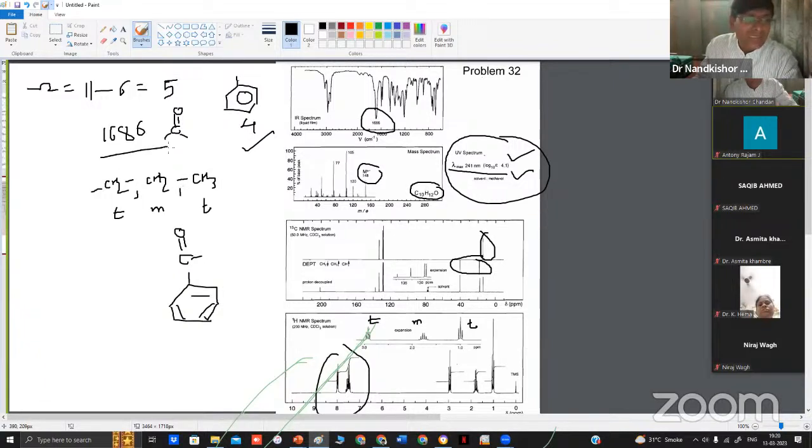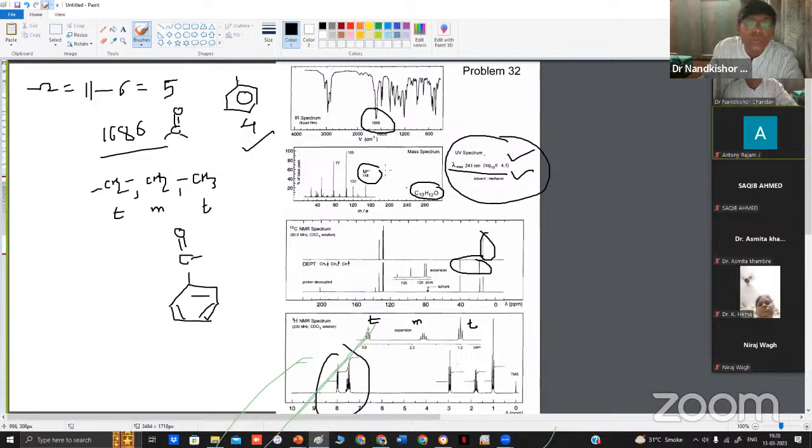That's why the carbonyl stretching frequency is lower than the usual ketonic or aldehydic stretching frequency. Now there is no aldehyde group present, because we can see there is no stretching frequency at the 9-point delta value. So there is no possibility of aldehyde, no possibility of ester, no possibility of acid, and no possibility of amide.